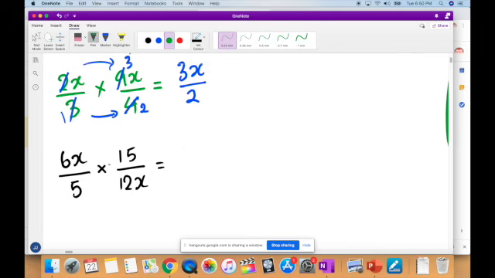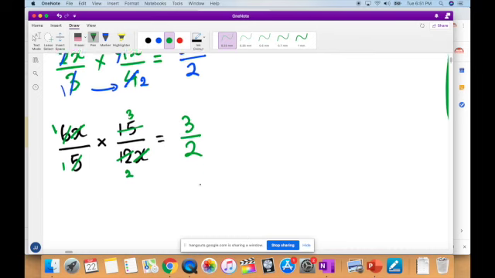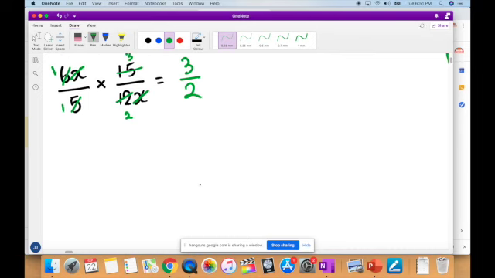We cancel 5 and 15: 5 into 5 is 1, 5 into 15 is 3, right? And then the 6 into 12: 6 into 6 is 1, 6 into 12 is 2. And x will cancel with x, because it's the same number. So I will end up with 3 over 2. You understand that, Scotia? Yeah. Nice.